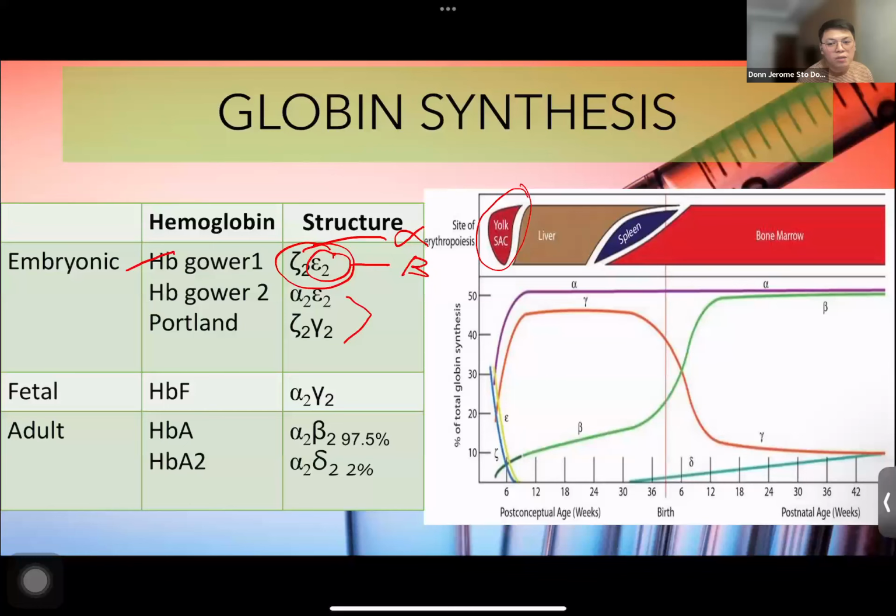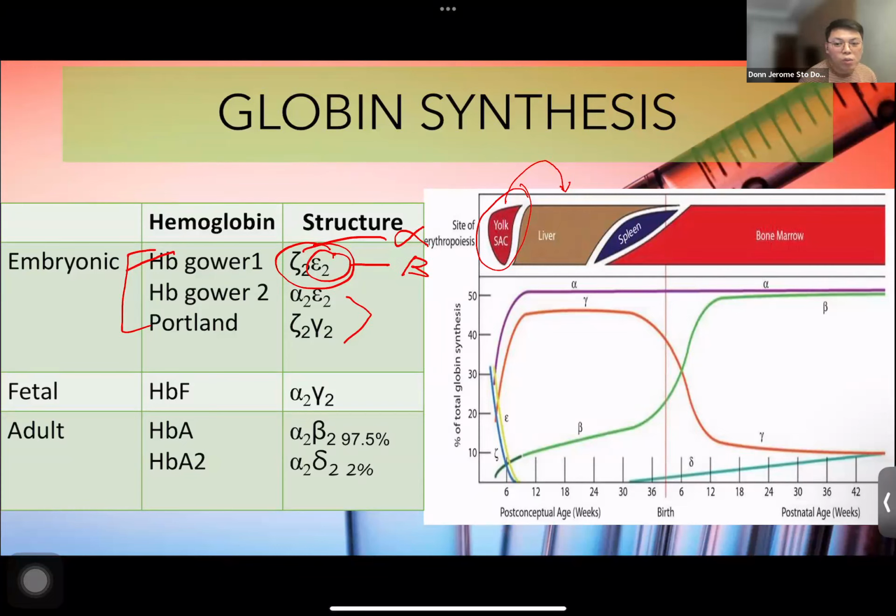By 6 to 8 weeks of gestation, the expression of these types of hemoglobin dramatically declines, coinciding with the change of hemoglobin synthesis from the yolk sac to the liver. Kasi natutunan nyo sa embryology that yolk sac is only a temporary structure. Tama po ba? Yes po, Doc.